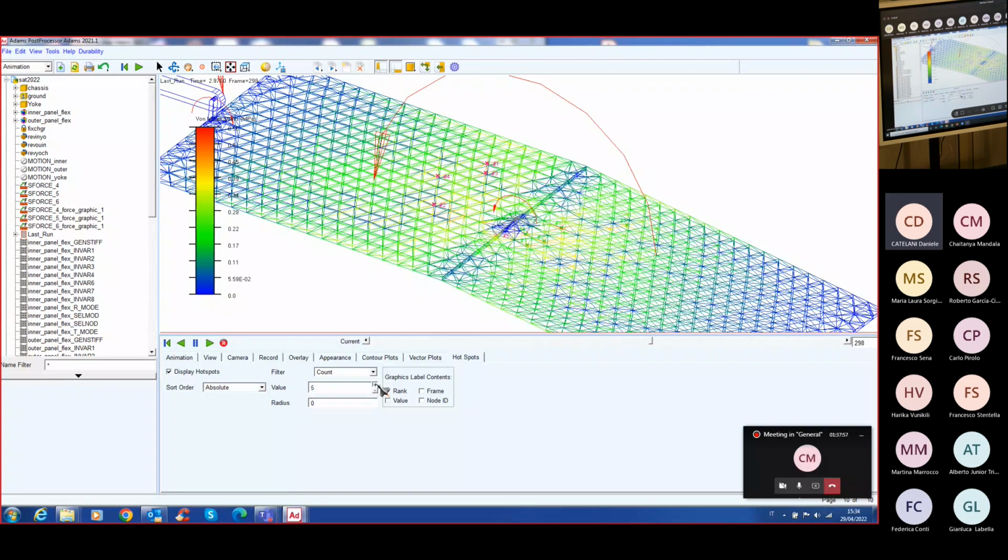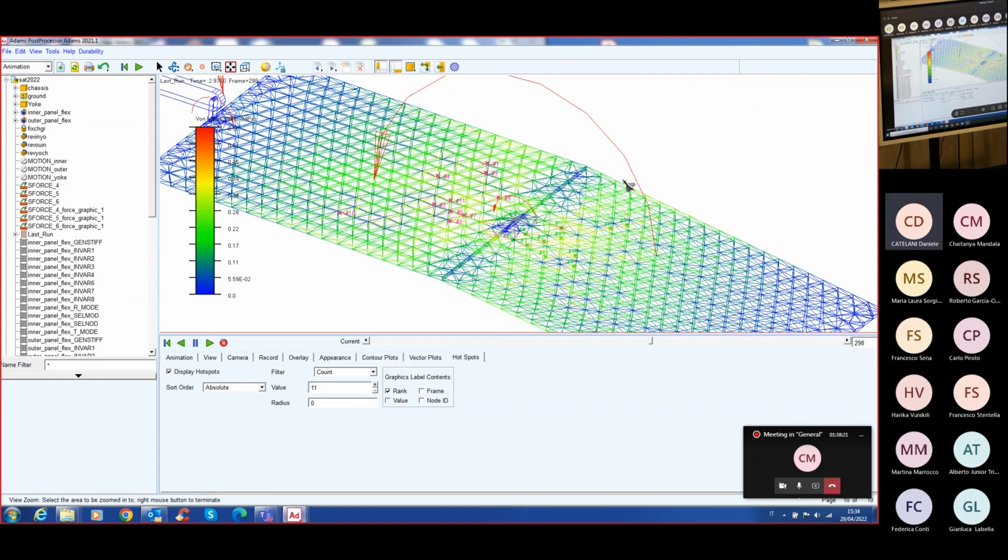So you see here the node in which you have the maximum level of stress. Nodal stress. So we have deformation and stress during the flexible multibody analysis.